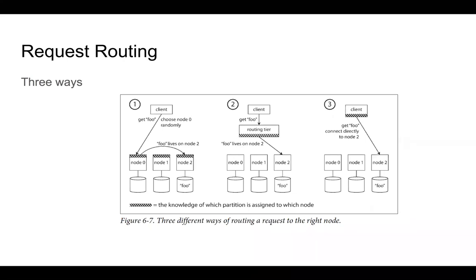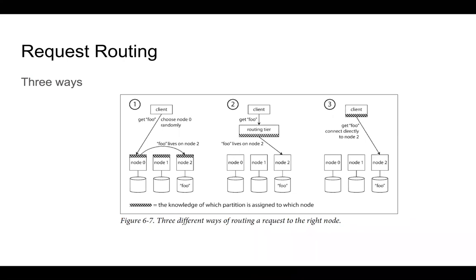The second approach is, instead of each node having that knowledge, we have a routing tier. That routing tier is responsible for the entire cluster metadata, like which node has which region, which keys. The client makes the first request to that routing tier, and the routing tier knows which node this key lives on, and redirects the request to that node. That's the second way.